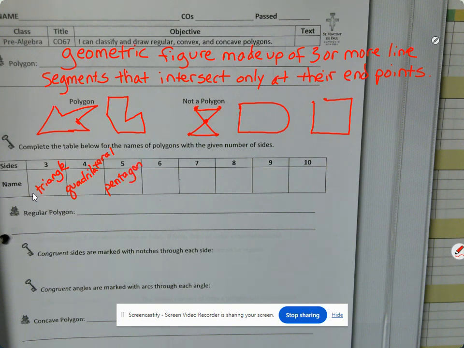When we look at the pentagon in DC, they are congruent sides. A pentagon like DC, they are all equal sided, but any 5-sided shape is a pentagon. 6-sided. Hexagon. 7-sided.